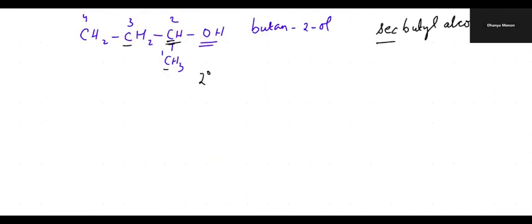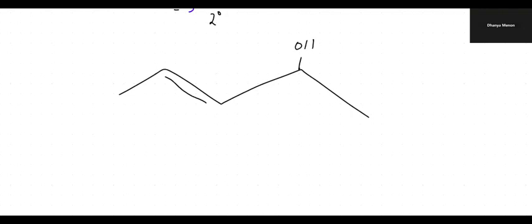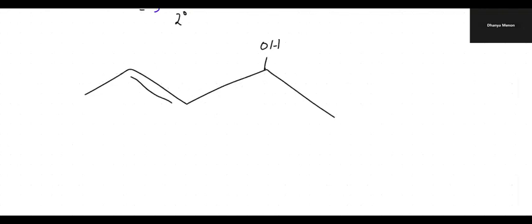Now, coming to some bond line structures. So these common names, by practice, it will be fine for you. Okay. So this is a bond line structure. Now over here, if you see, there is a double bond and there's a functional group.